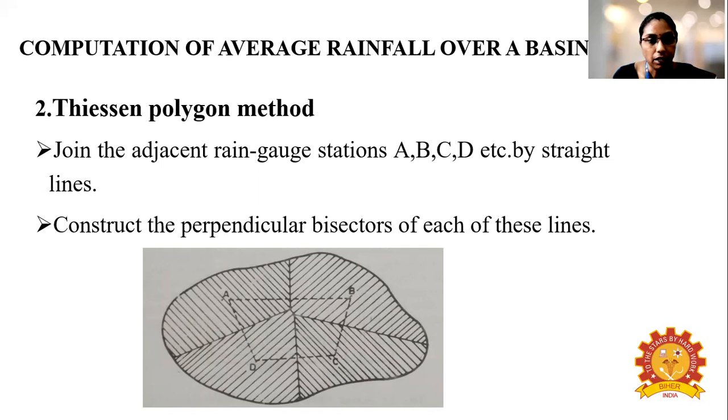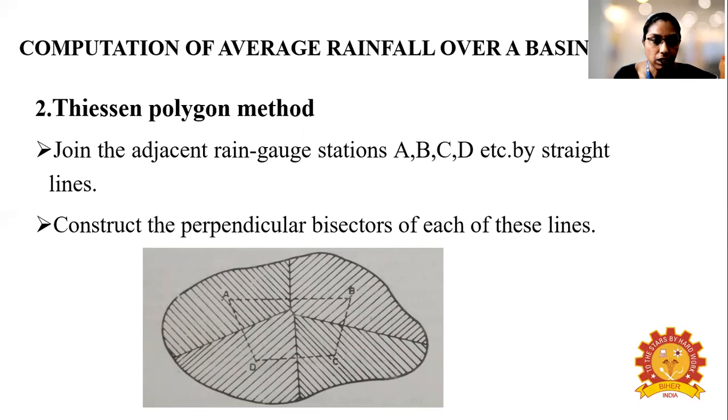Then you construct the perpendicular bisector for each line. That is, your first step is to connect all the rain gauges by straight lines. These are the rain gauge stations.